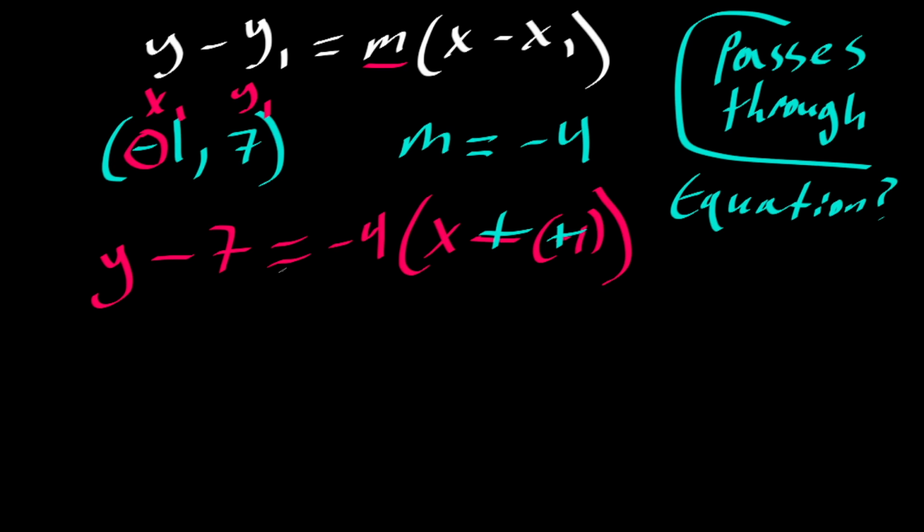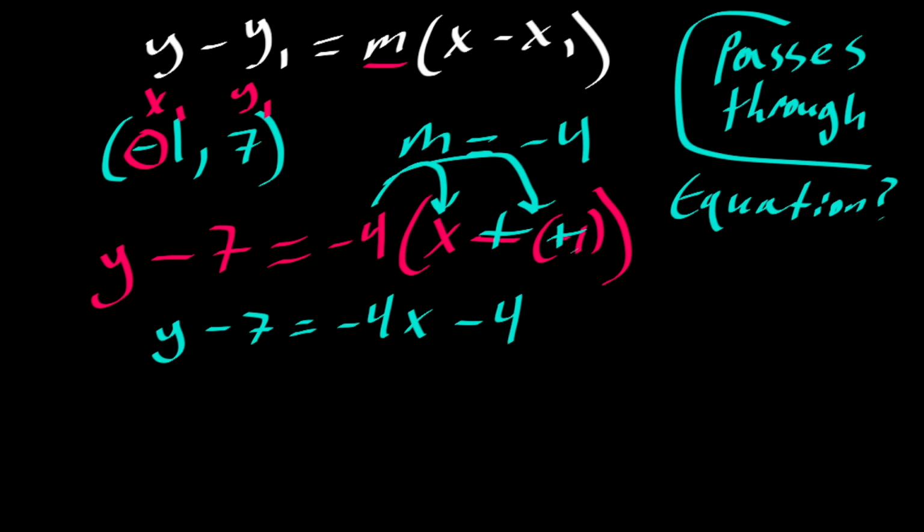Now our next job is to distribute. So y minus 7 equals -4x minus 4, because the negative times the positive gives us a negative. It could be a multiple choice answer, but let's say we wanted this in y equals mx plus b form, which is how most answers would be.